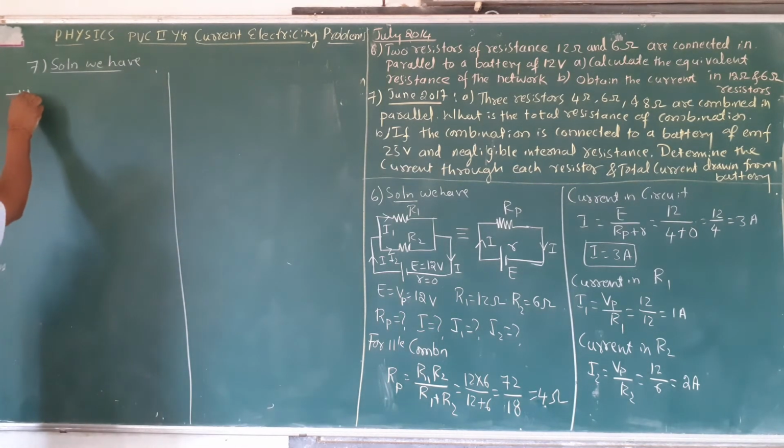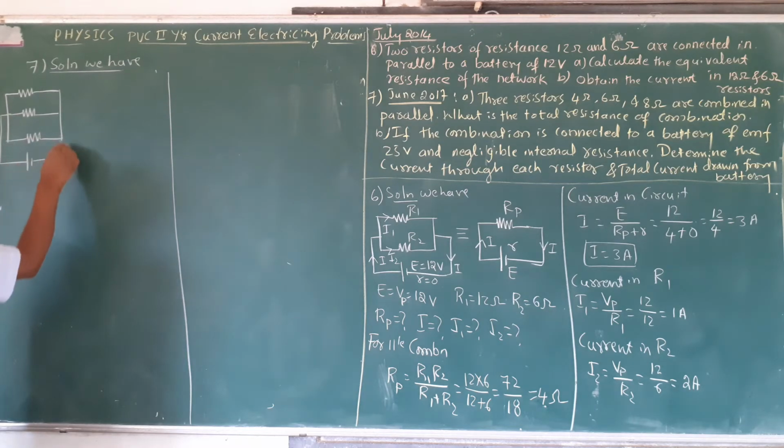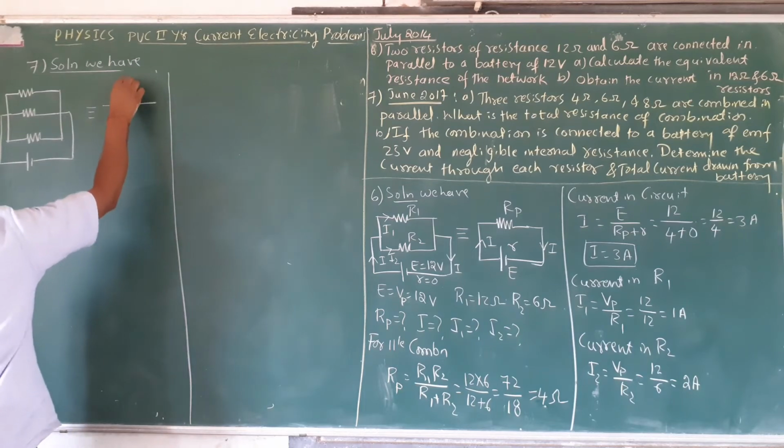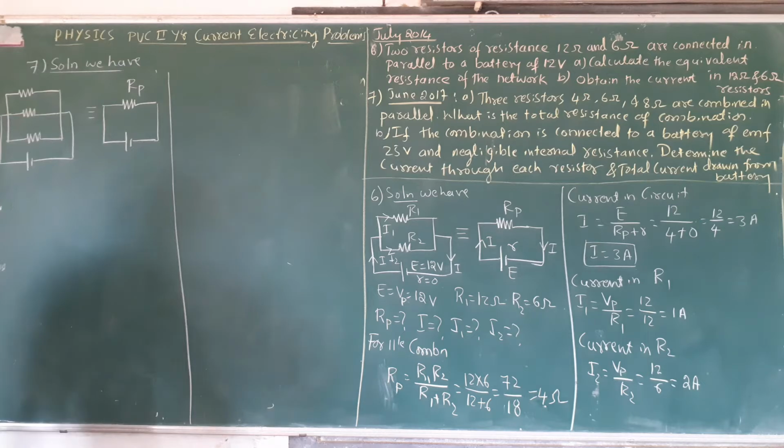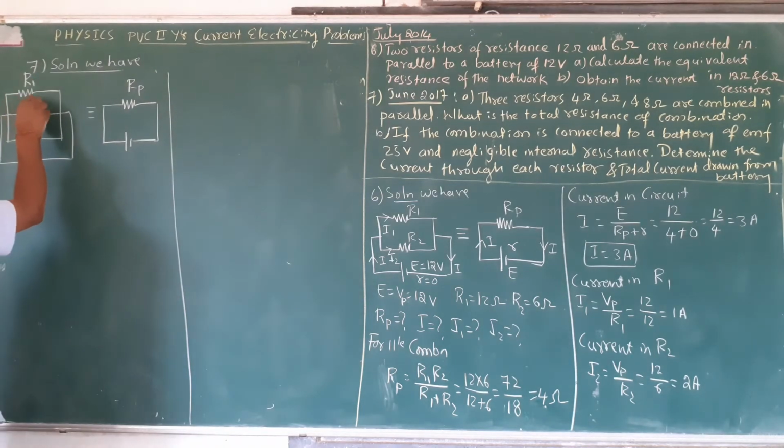Three resistors are connected in parallel. Its equivalent is RP. This is R1, this is R2, this is R3, this is E. Internal resistance is 0.